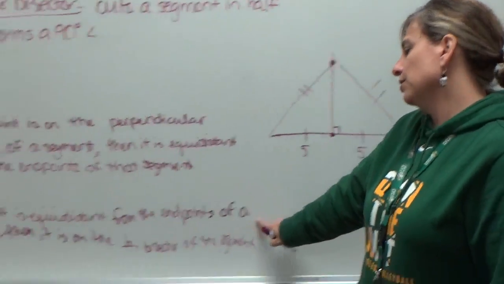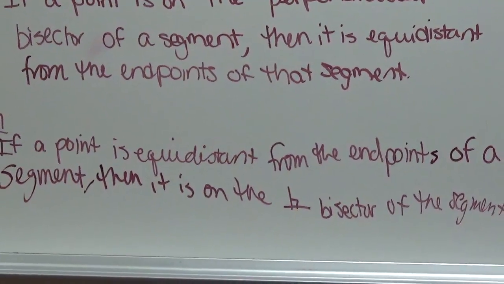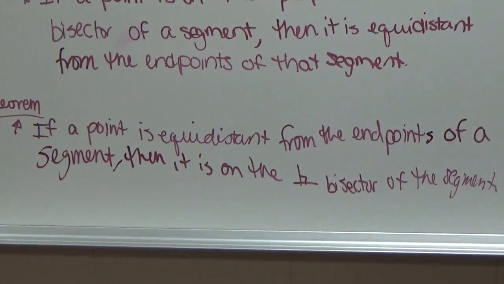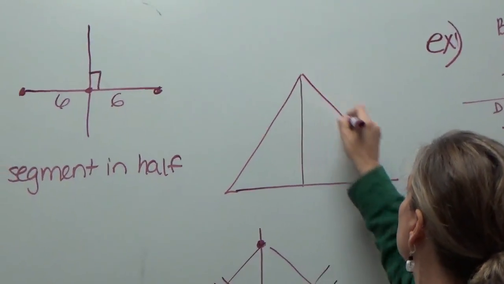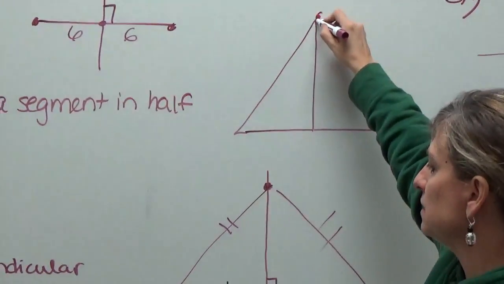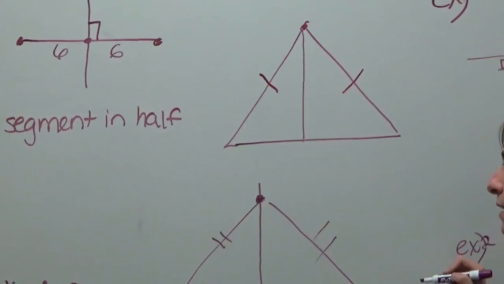The other theorem that you're going to write is if a point is equidistant from the endpoints of a segment, then it is on the perpendicular bisector. So if I show you something like this, and I don't tell you that that's a 90-degree angle, but I tell you that this point is equidistant from the endpoints of a segment.